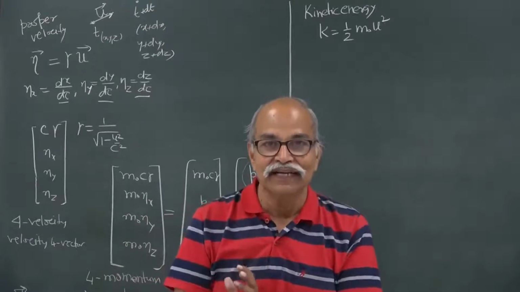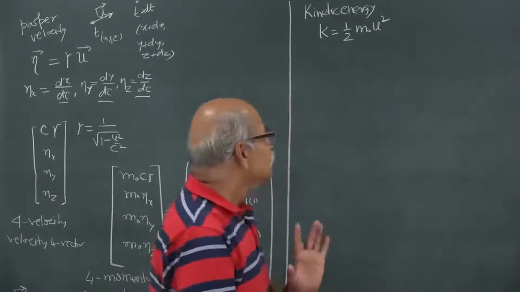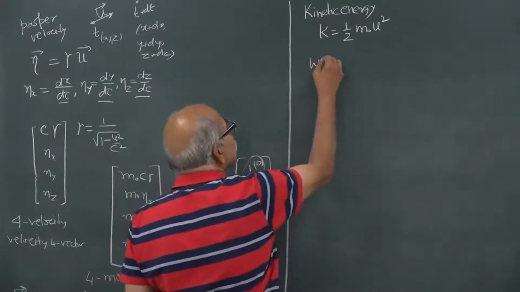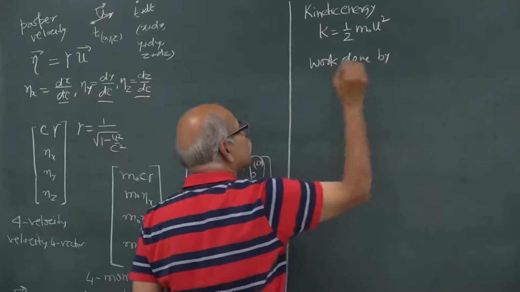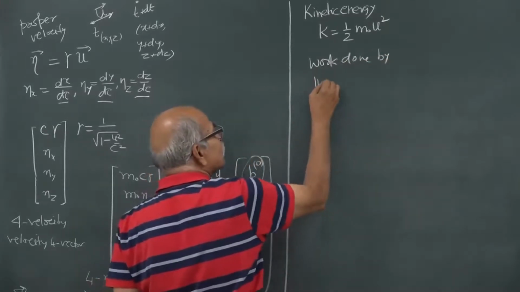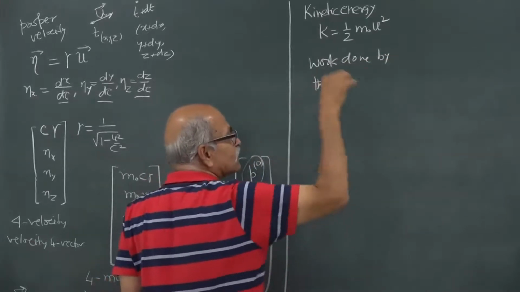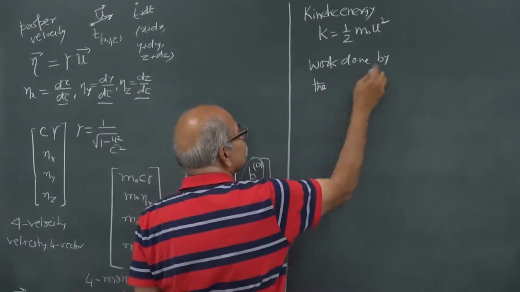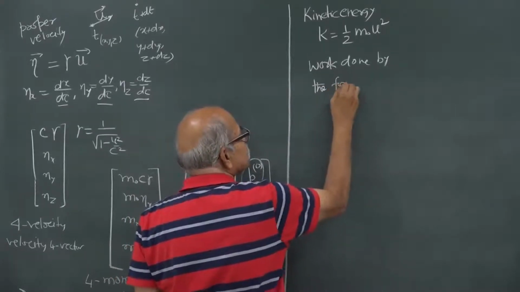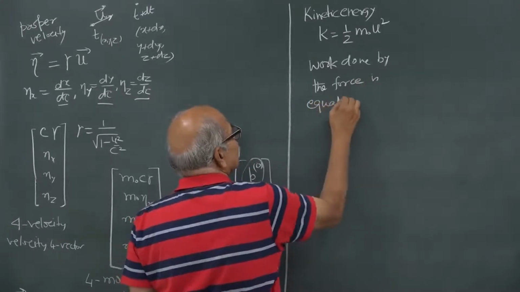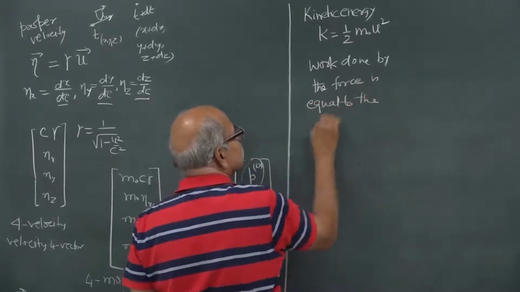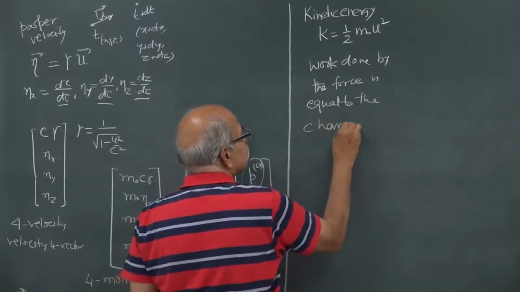From there we define kinetic energy. So, work done by the force, I am talking of a single particle, whatever is the resultant force on that, is equal to the change in kinetic energy.